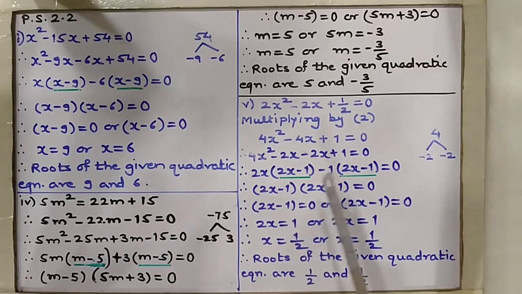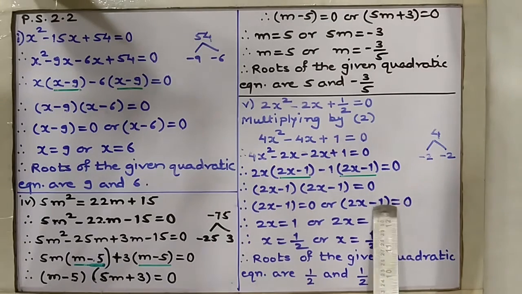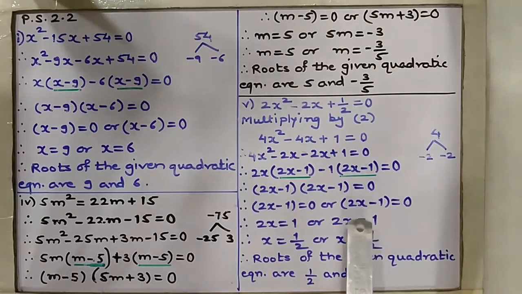We will take minus 1 on the right hand side, so you get 2x is equal to 1, or over here again you will take minus 1 on the right hand side, so you get 2x equal to 1. So therefore x is equal to 1 by 2 or x is equal to 1 by 2 are solutions of this quadratic equation. So roots of the given quadratic equation are 1 by 2 and 1 by 2.